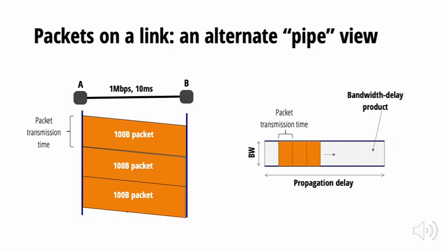But when you look at the one on the right and you see a large number of different packets, the leftover space on that pipe immediately tells me how much capacity I have left over. So it's visually a very easy way to get it, I think. Both are useful ways of looking at packets traveling through a network, and we're going to use both ways as we go through the semester.